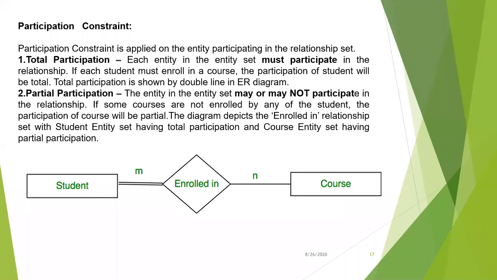So here we cannot say must participate in a relationship. Here we can say may or may not participate in the relationship. Here, enrolled in course means he may be enrolled in a course or he may not be enrolled.